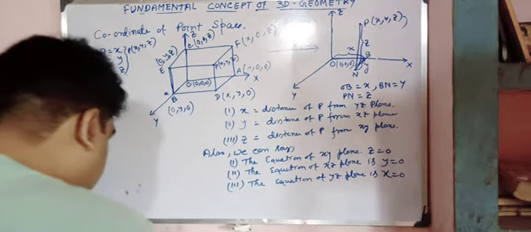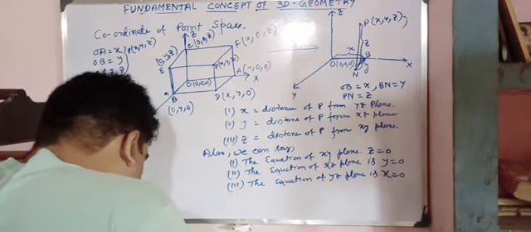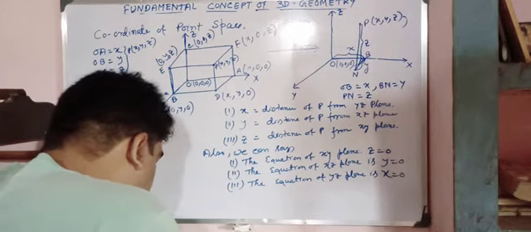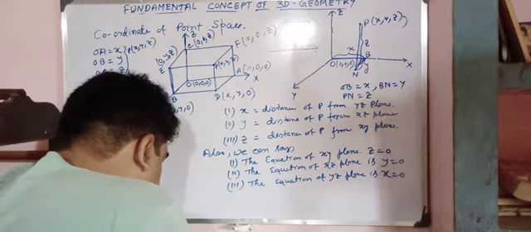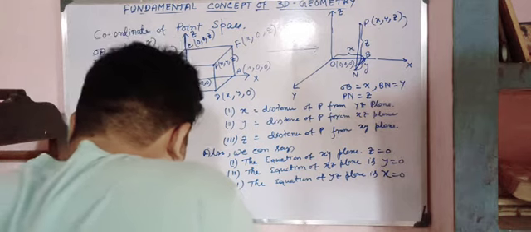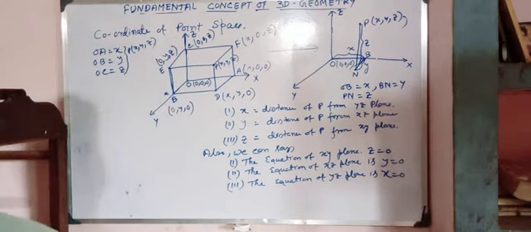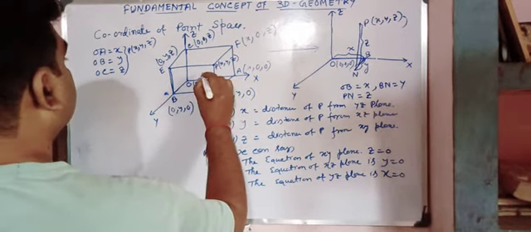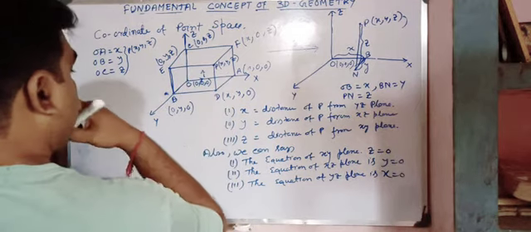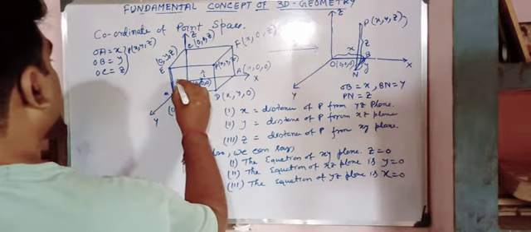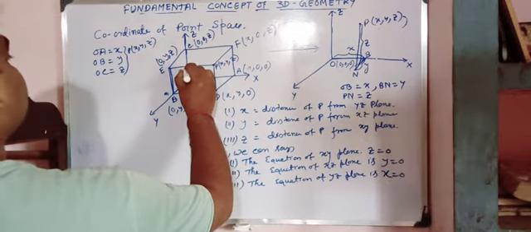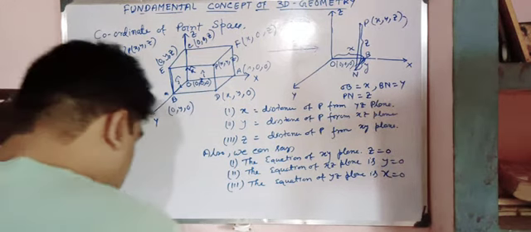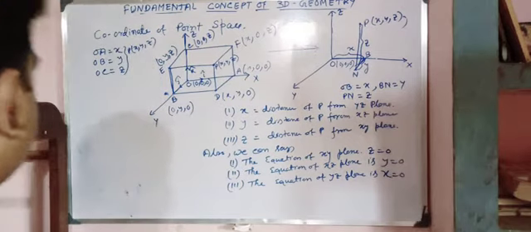Now again, suppose we take the unit vector, that is the position vector of a point in space.